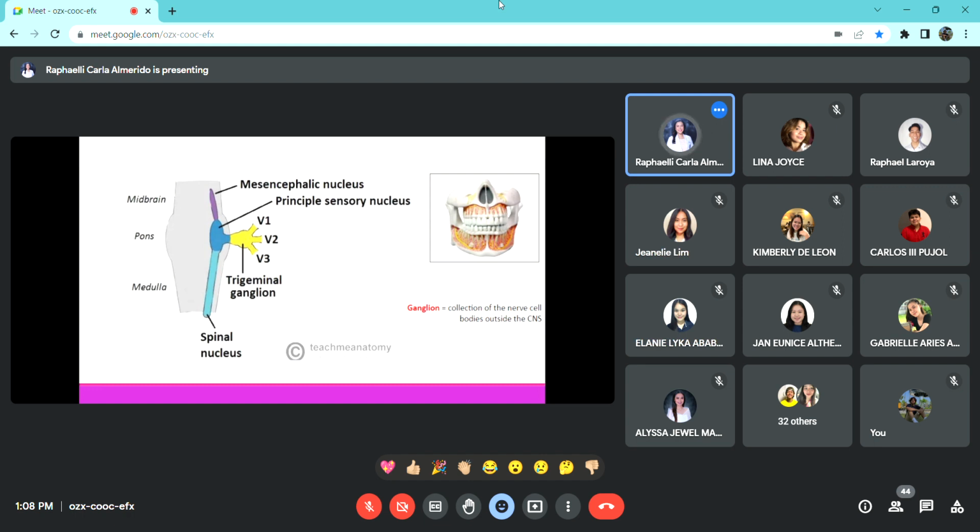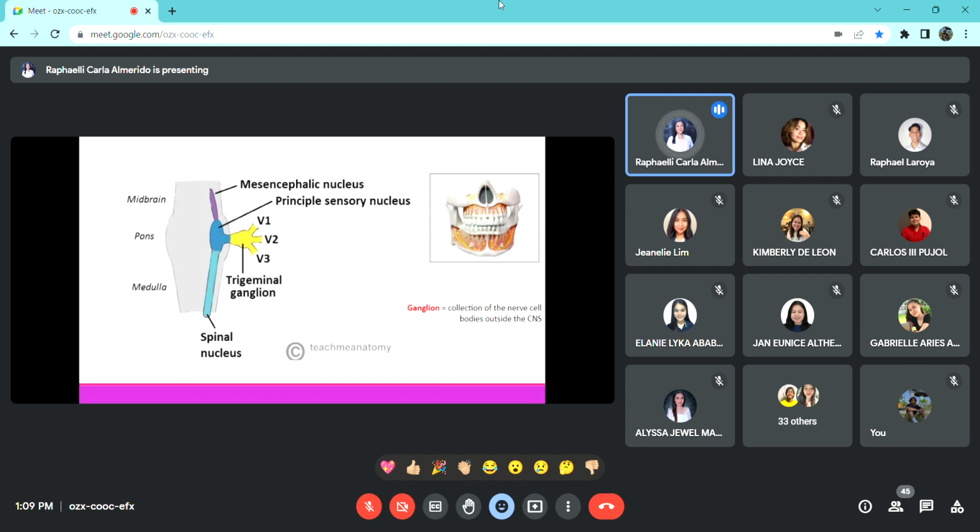So all these three are sensory in nature, okay, and as it joins together, wait lang, I have to admit someone. Let's continue. So as it merges, it forms your trigeminal ganglion, okay, which we usually call as your trigeminal nerve or your cranial nerve number 5.